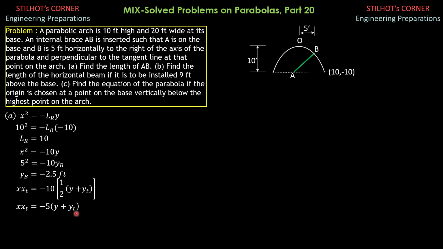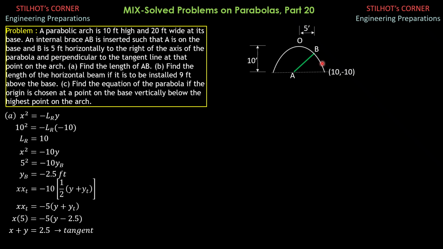So 5x equals negative 5 times y plus negative 2.5, simplifying, after we cancel 5, x plus y equals 2.5. This is the equation of the tangent.